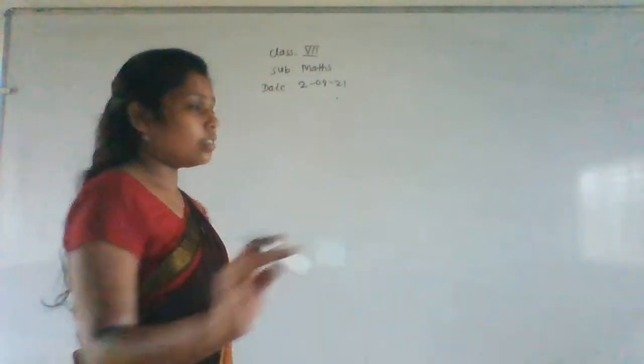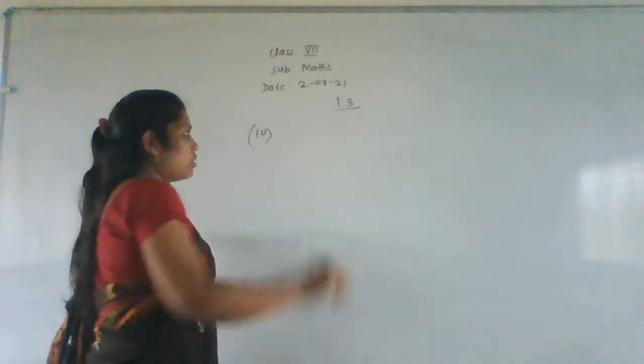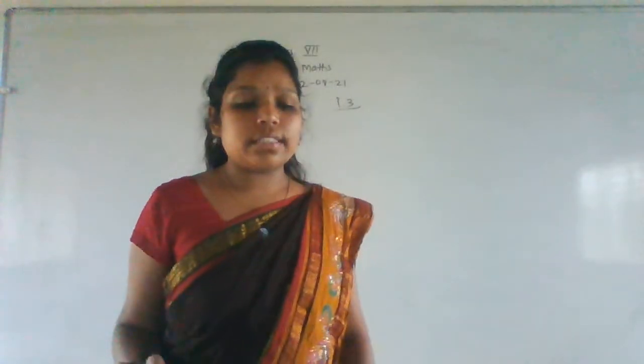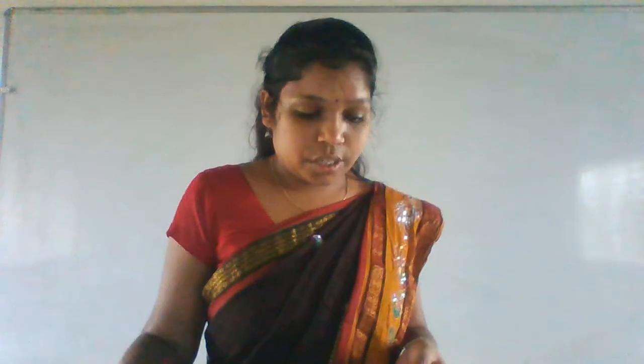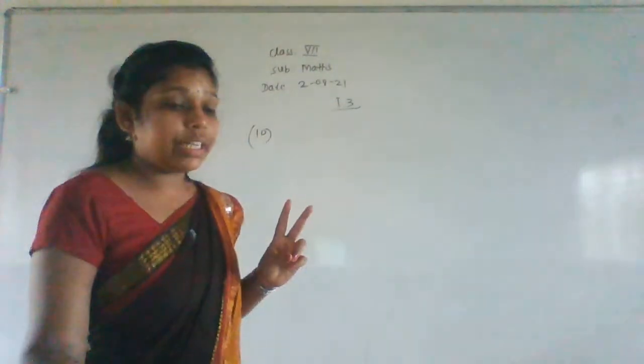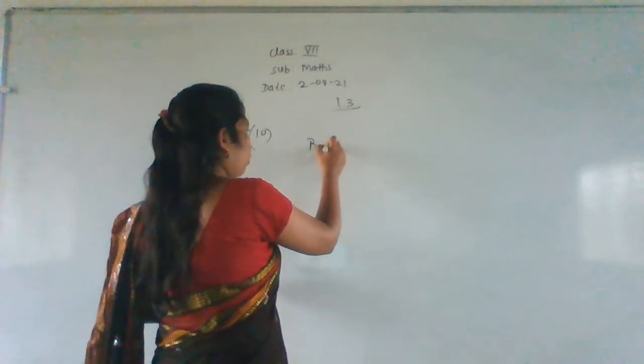So next we'll begin with the 10th main now, that is exercise number 1.3, 10th main. The product of two integers is minus 756, and if one integer is minus 36, find the other integer.